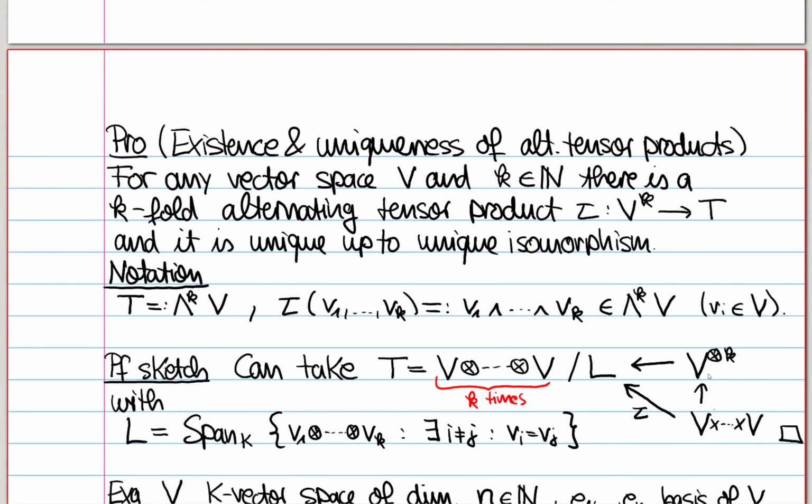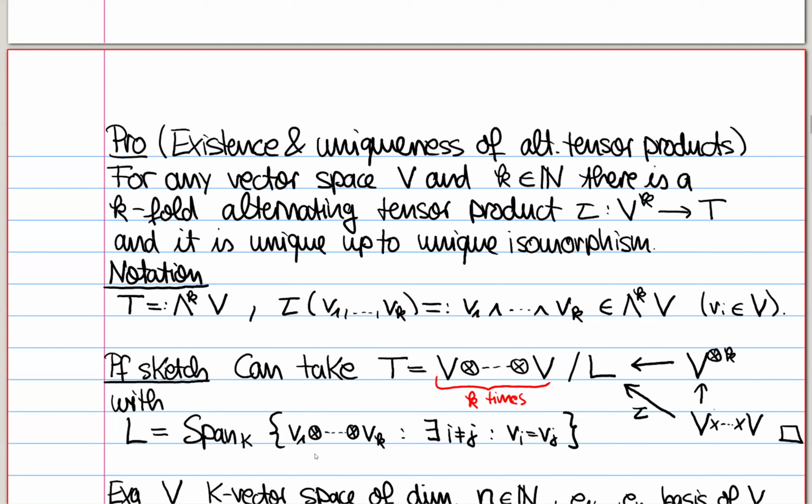To have this additional alternating property, whenever you have v1 up to vk such that two of them are the same in two different slots, we want this to go to 0 in the alternating tensor product, because any alternating map must vanish on such things.